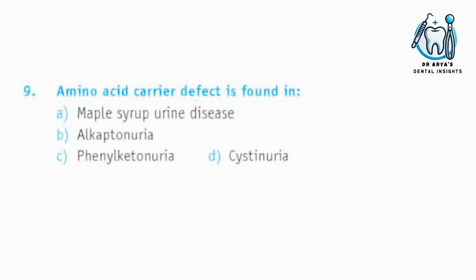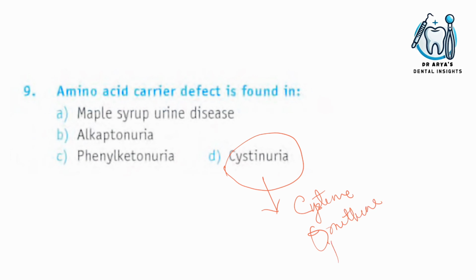Amino acid carrier defect is found in. Is it maple syrup urine disease or alkaptonuria or phenylketonuria or cystinuria? So in cystinuria, the carrier system in the kidney for the reabsorption of certain amino acids, cysteine, ornithine, arginine, and lysine.